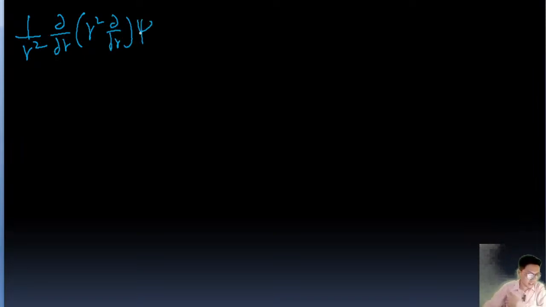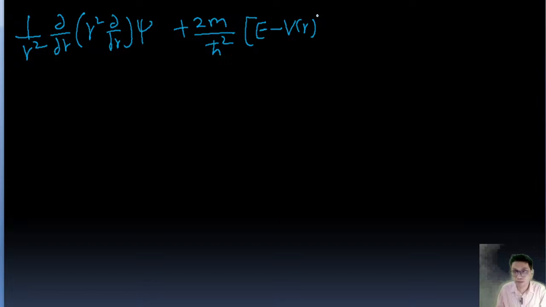The Schrodinger time independent equation in spherical coordinates is going to be 1 upon r square, d by dr of r square dψ by dr, plus 2m upon ħ square, E minus V(r), ψ equal to 0.